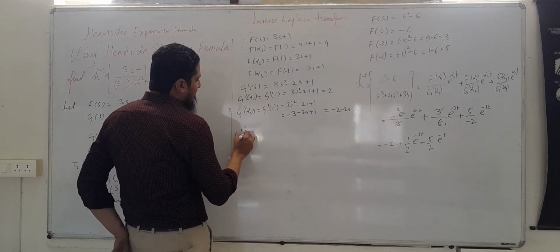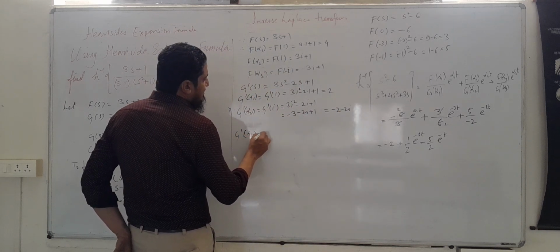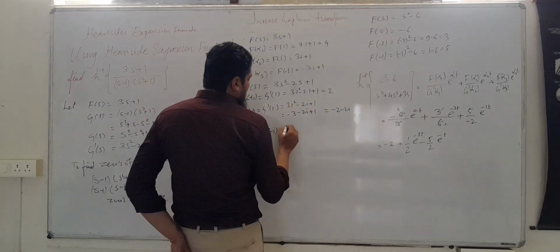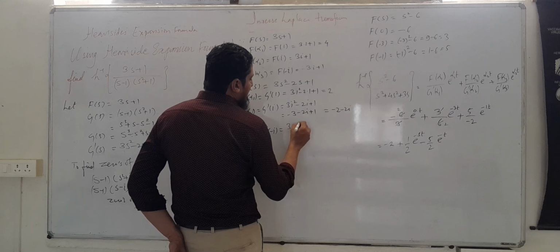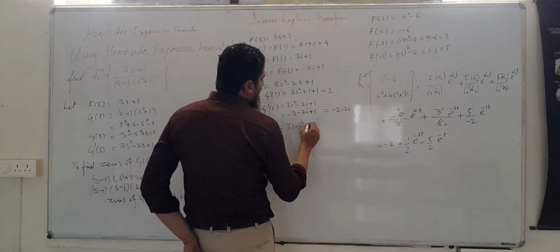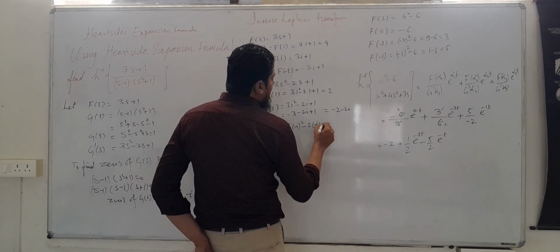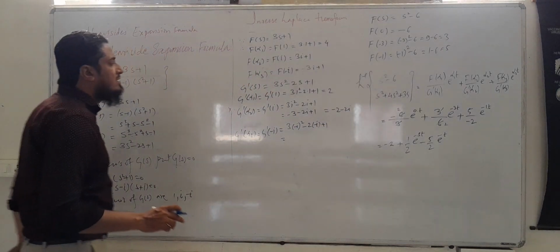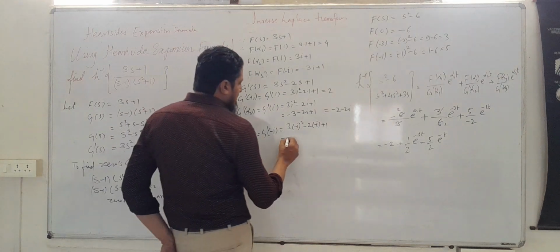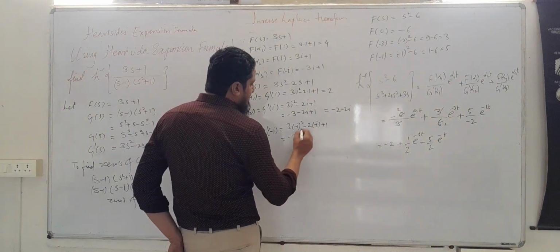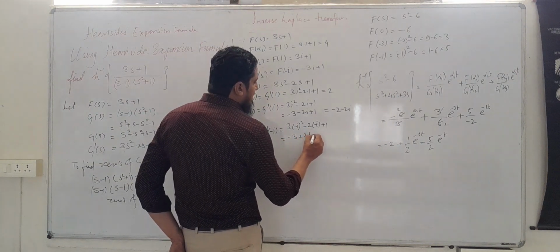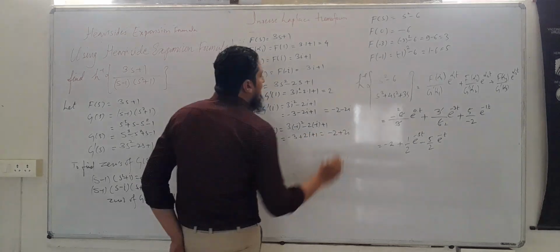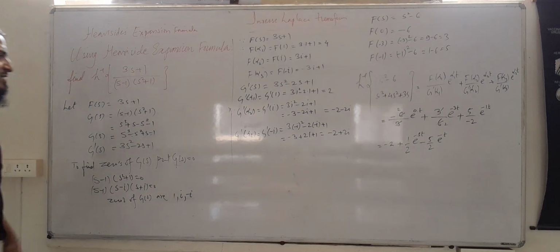And g dash of alpha 3, that is g dash of minus i, is 3 into minus i square minus 2 into minus i plus 1. Again minus i square becomes minus 1. So minus 3 minus 1 plus 2i plus 1, so we will get minus 2 plus 2i for g dash of alpha 3.